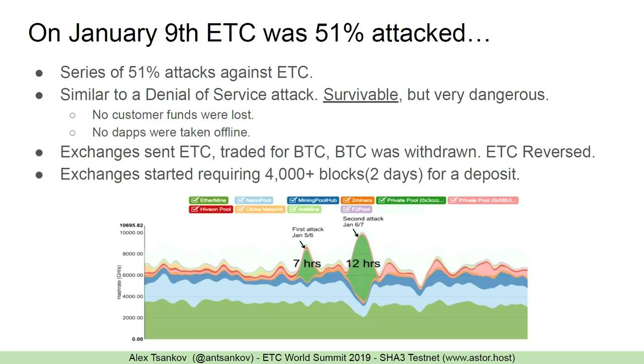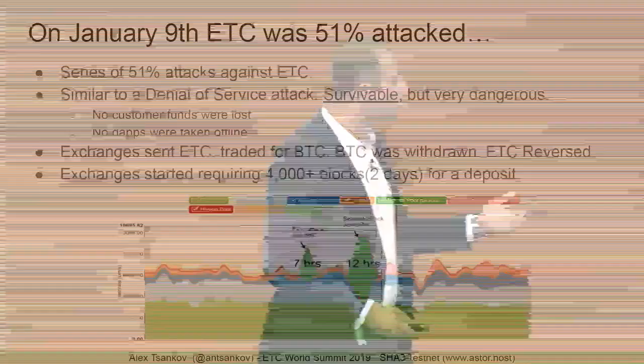So they would send ETC to an exchange, trade it for Bitcoin, withdraw the Bitcoin, and then publish a side mined chain that would give the ETC back to them. And when this happened, it was a huge shock to the community.